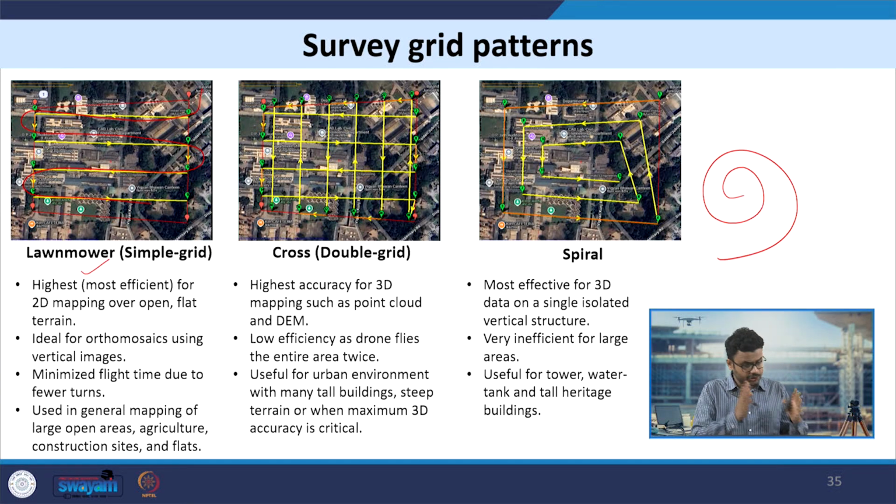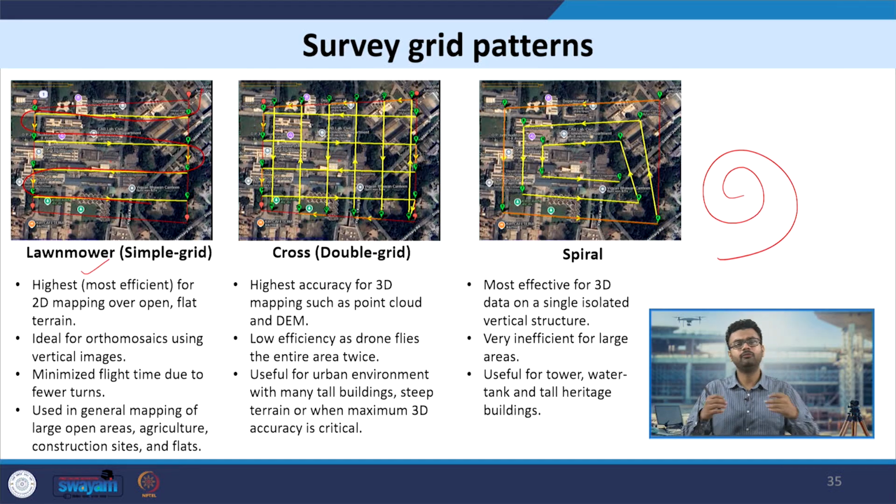So which survey grid pattern to use? It depends on what your objective is, what kind of efficiency is desired and what kind of accuracy is desired. For example, if our goal is only to go for 2D mapping over open flat terrain, then lawnmower is very good. It minimizes the flight time because it takes very few turns, and it is ideal for orthomosaics using vertical images.